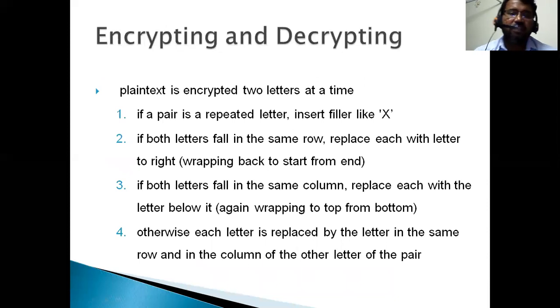Then the third condition: if both letters fall in the same column. In this matrix there are 5 columns. If a pair of letters is in one column, then we take the character below each one.